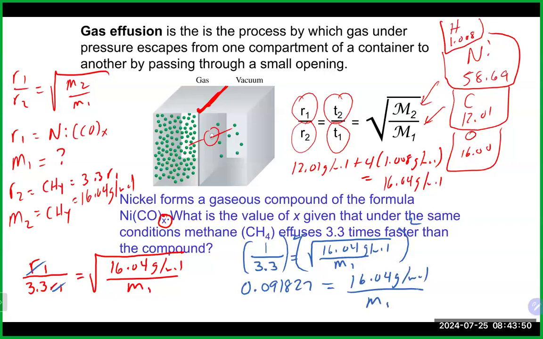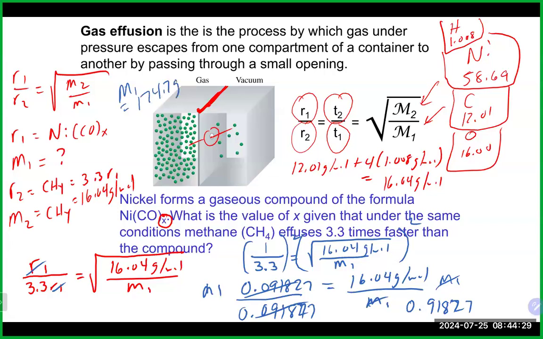Mathematically, I need to multiply M1 to each side and then divide by this number. Those will cancel, and that gives me a molar mass of 16.04 divided by 0.0918, which gives us an M1 of 174.7 grams per mole.